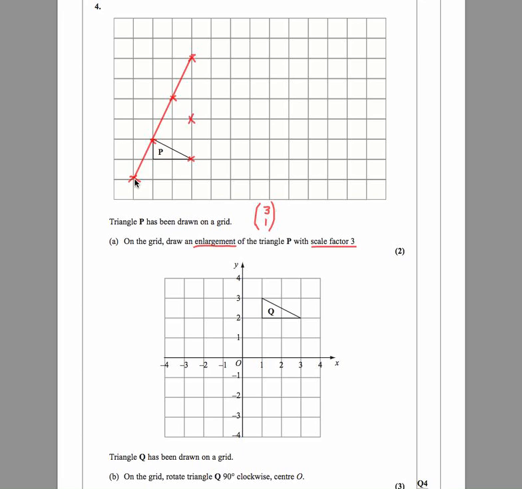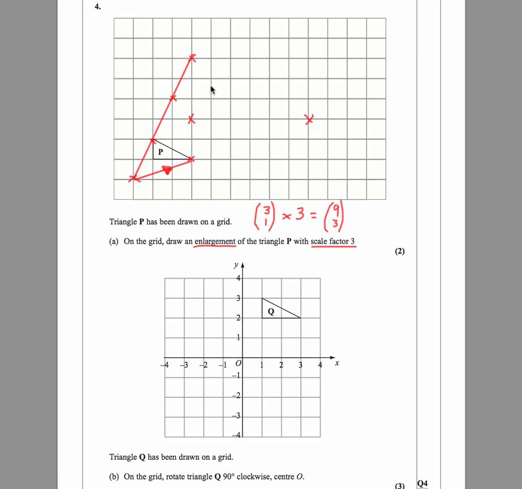So really it's the vector from there to there, but it's multiplied by 3. So you end up with 9 across from wherever your origin is. That's 3, 6, 9, and then 1, 2, 3 up gets us to there.